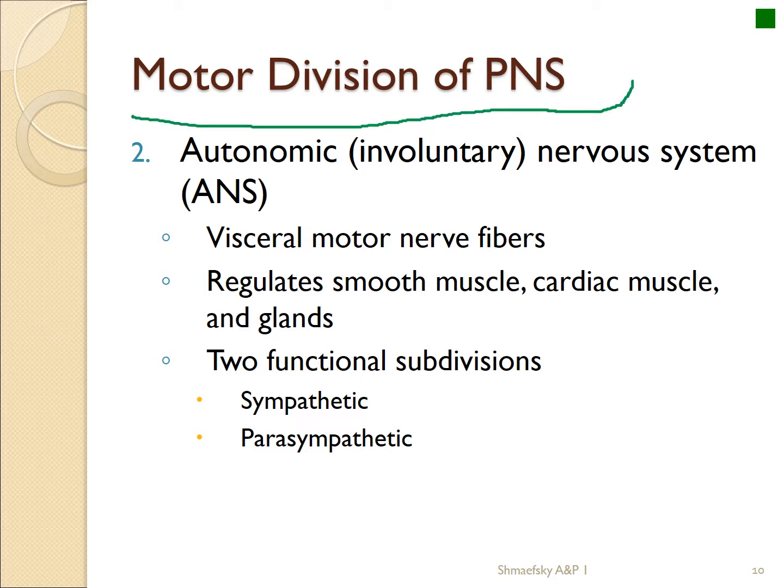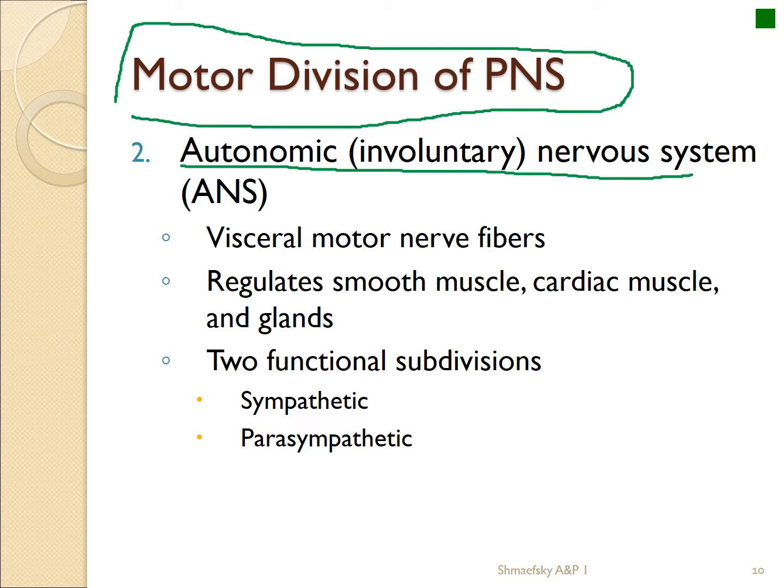Now, the motor division of the peripheral nervous system also includes what we call autonomic or involuntary control. We usually delegate this to what we call visceral motor nerves. Now when we say autonomic, it means that you can control this, but it takes incredible training to do so.